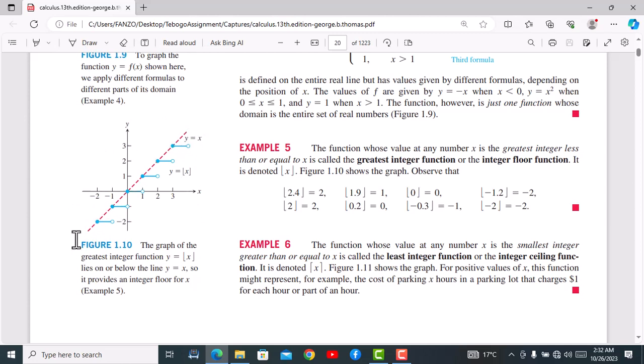And as you can see, it is drawn on the line y equals x, which is a straight line where the gradient of the function is positive, equal to 1. Okay, that is fine. Let's continue.